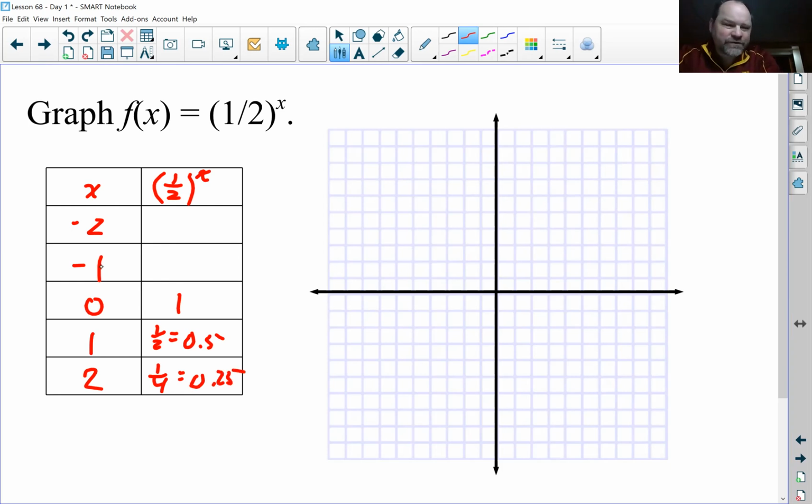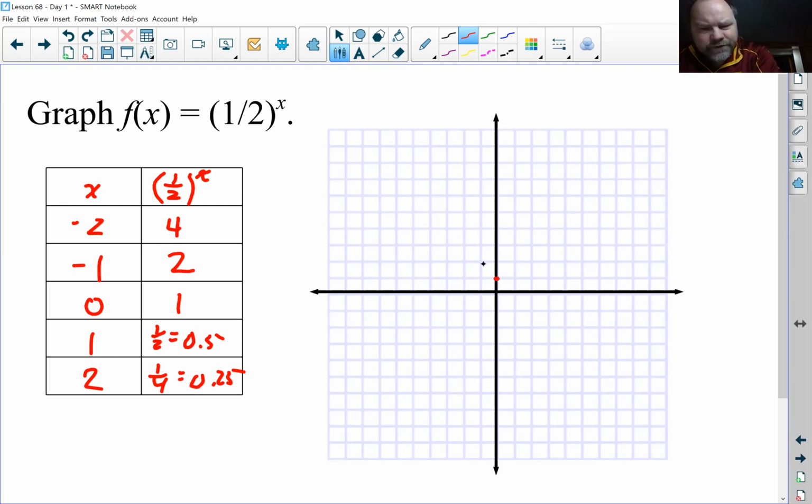1/2 to the negative first says take the reciprocal of 1/2. So we flip it. It becomes 2, and then take that to the first power. 1/2 to the negative second, again, we'll flip the fraction, and then the exponent becomes positive, so we get 2 squared, or 4.